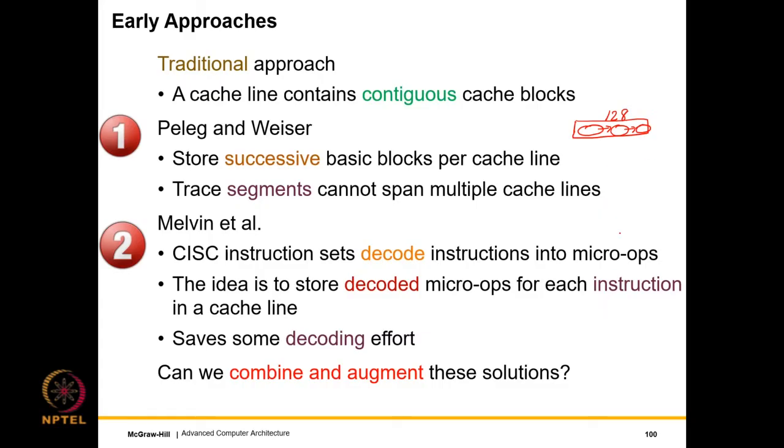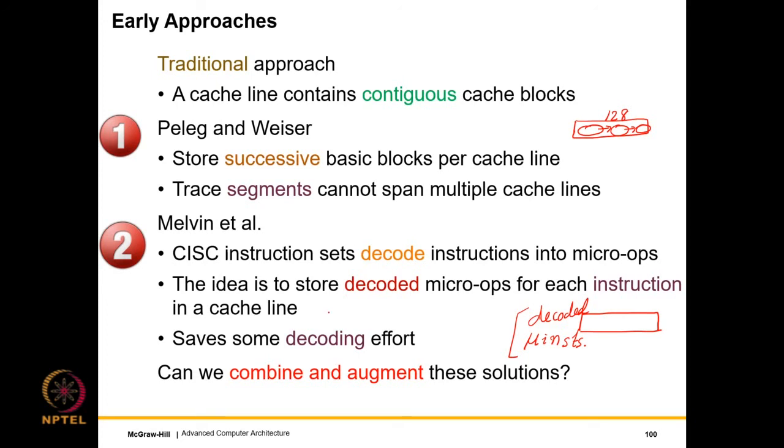So instead of storing instructions, as Peleg and Weiser were doing, in every cache line they were storing decoded micro-instructions. The idea is that we store the decoded micro-instructions such that the next time we don't have to use the decoder. This is like an advancement over pre-decoding, something that we had studied way back in chapter 3. So can we combine and augment these solutions?